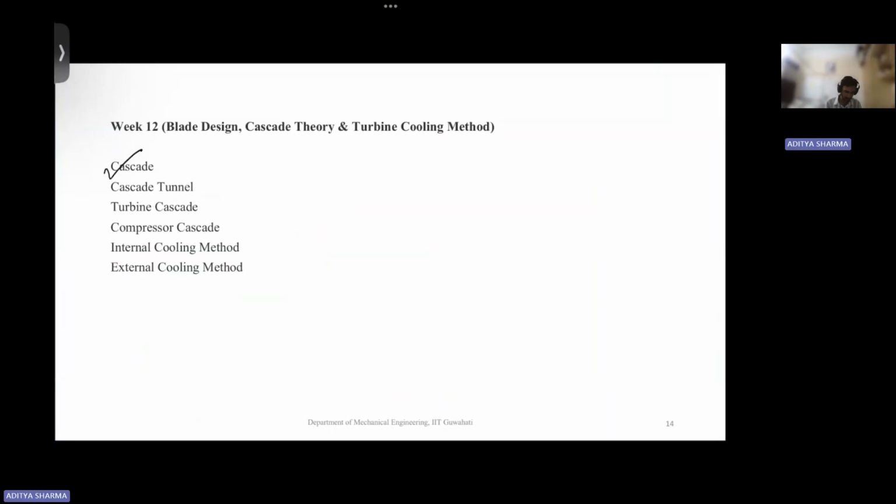So cascade. What is a cascade? Till now we have been studying a single blade and how the velocities change across these blades. Be it your centrifugal compressor, across the impeller, what happens?